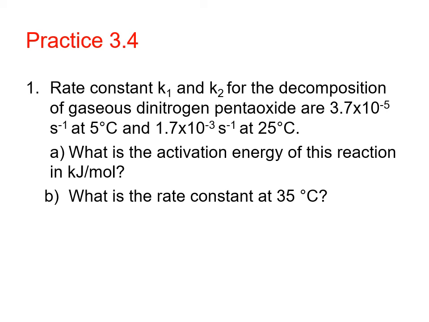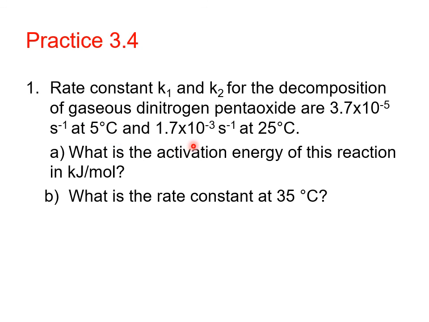Your task is to do practice 3.4, where the rate constants k1 and k2 are given as 3.7 times 10 to the power negative 5 and 1.7 times 10 to the power negative 3 per second. This is first order. It's just that in your course book, page 97, the temperature for k1 given is 25, so change it into 5 degrees Celsius.